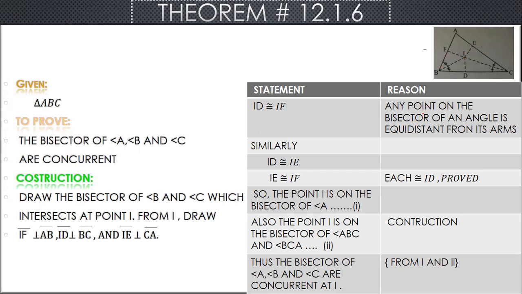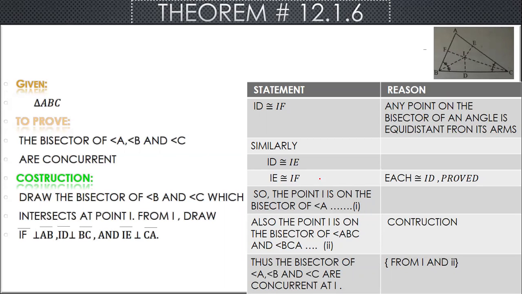Because point I lies on the bisector of angle C. So according to theorem 4, ID and IE are both equidistant from the arms of the angle. ID is congruent to IF, and ID is congruent to IE. It means that IE and IF are congruent to each other.